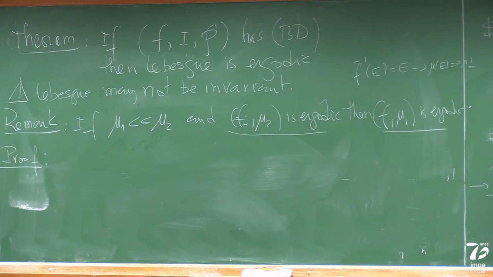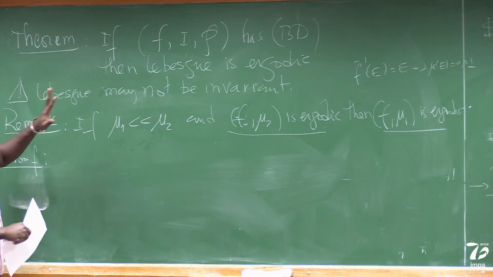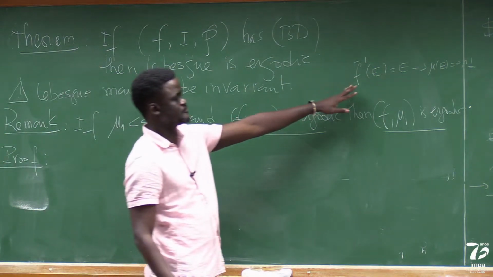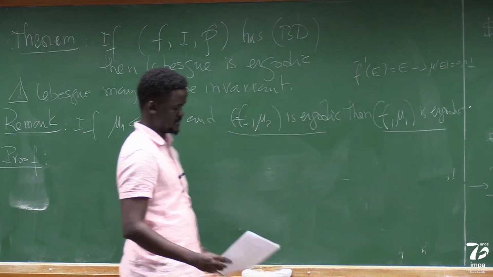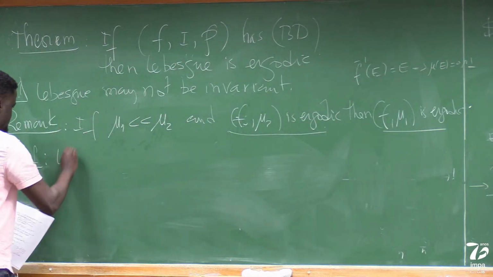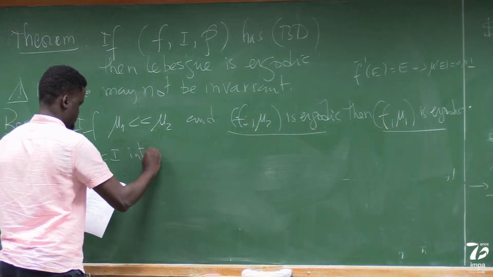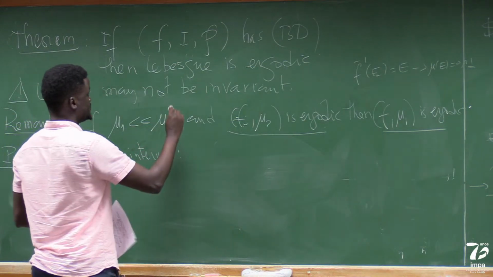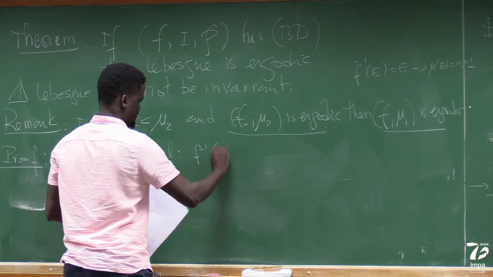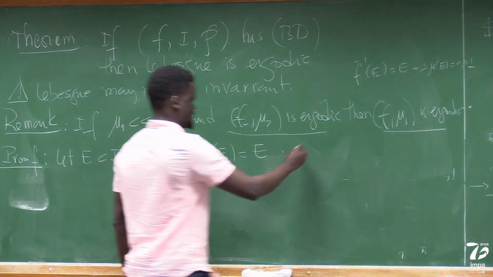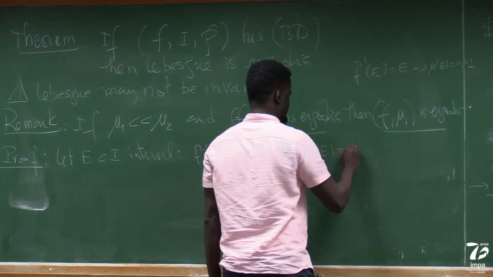Using bounded distortion, the proof is simple. Since we are on the interval, we can check that this is true for E an interval. So let E be an interval such that f minus 1 of E equals E. Now we want to prove that the measure of E equals 0 or 1.